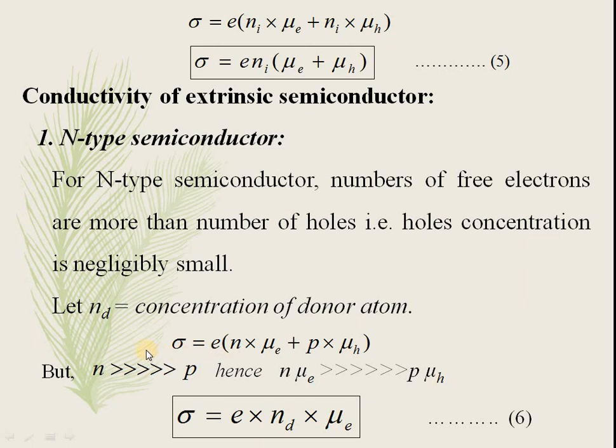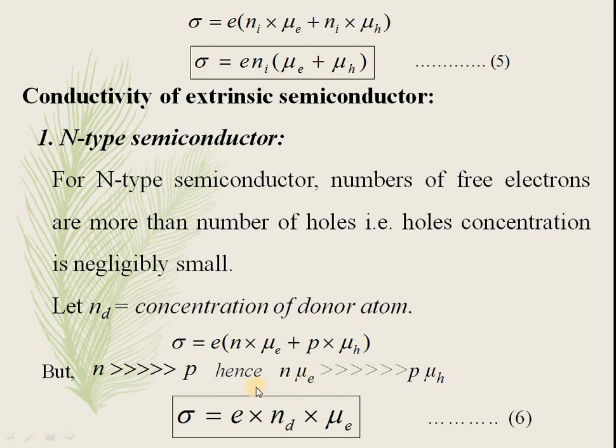Let us consider Nd as the concentration of donor atoms. The general equation of conductivity of the semiconductor is sigma is equal to e into bracket n into mu e plus p into mu h, bracket complete. But in an N-type semiconductor, the number of free electrons is very large compared to the holes. Therefore the product of n and the mobility of the electron is very large compared to the product of the number of holes and their mobility, so we can neglect the second term p into mu h.